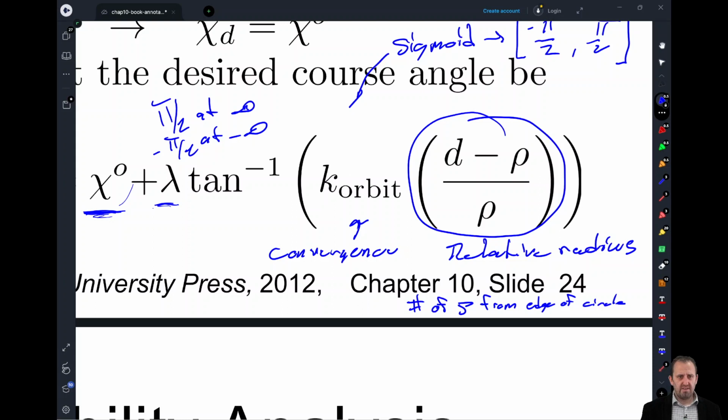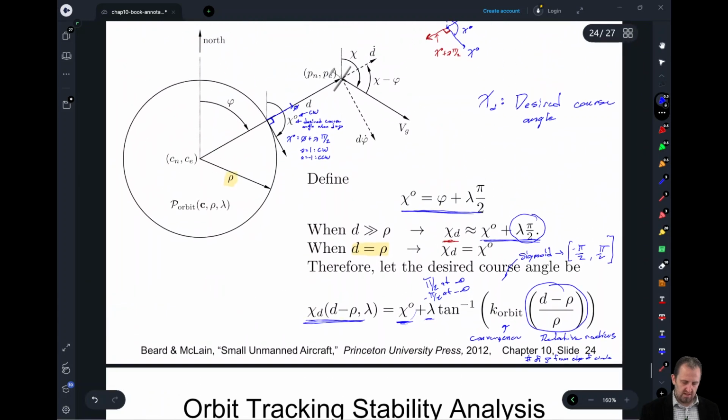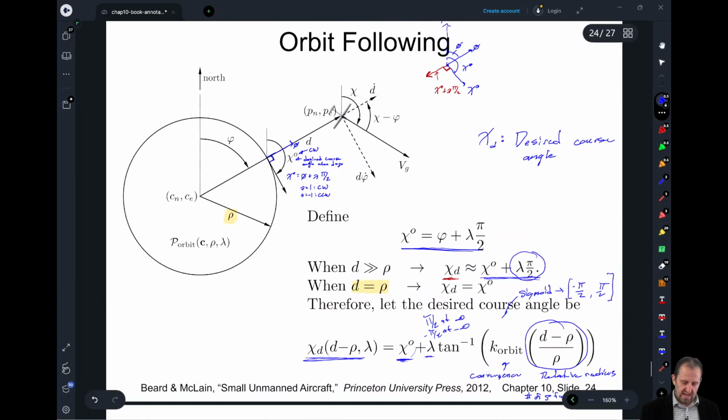So that's what we call the relative radius. Okay, so that's our desired orientation.